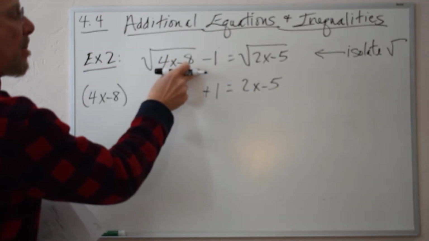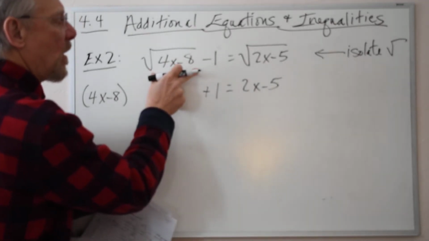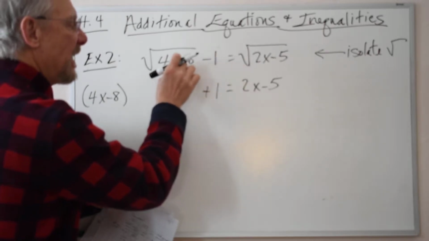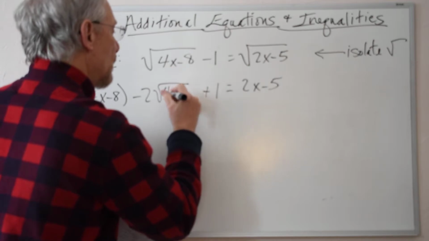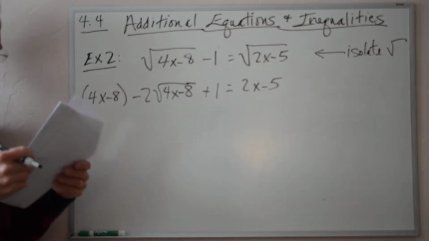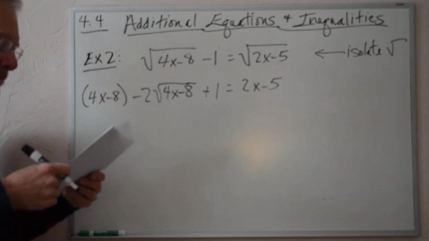And then, using like the FOIL method in my head, the square root of the quantity 4x minus 8 is going to hit that. And then that's going to hit it again. I'm going to get minus 2 times the square root of 4x minus 8. All right, I'll check my work. Looks good. Any questions? I don't hear anything.